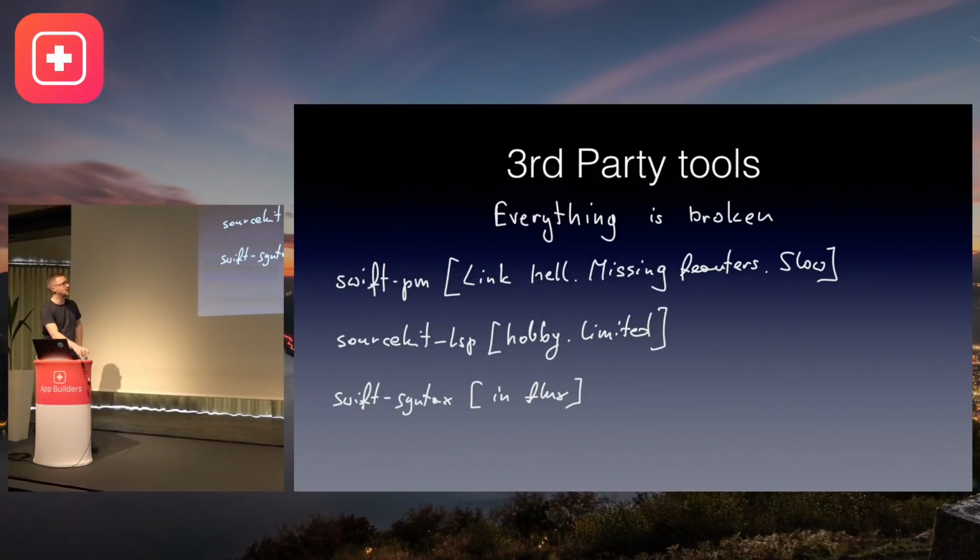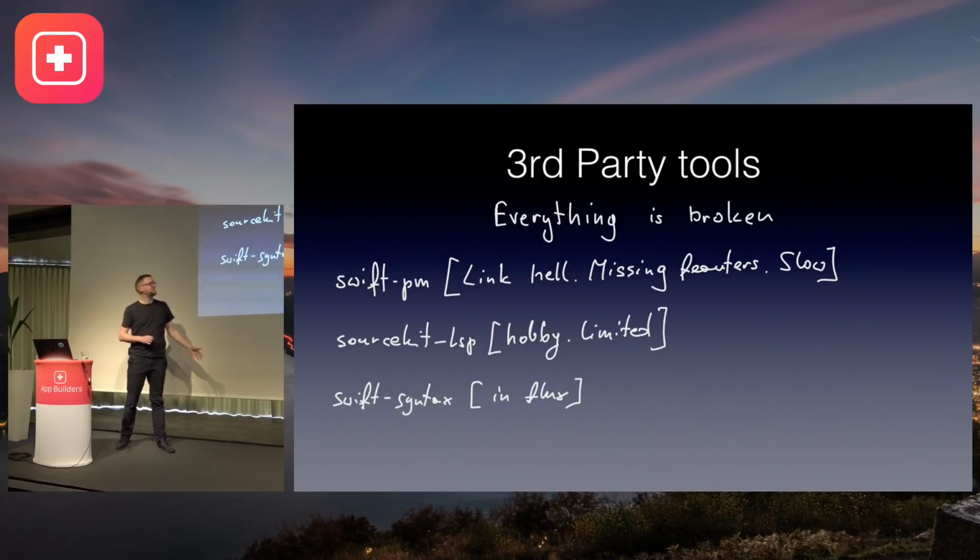About these third-party tools, of course, everything is broken. Although it's very hard to use, everything is in alpha stage, like Swift syntax, the API is changing with almost every release. And yeah, it's quite hard to build properly.